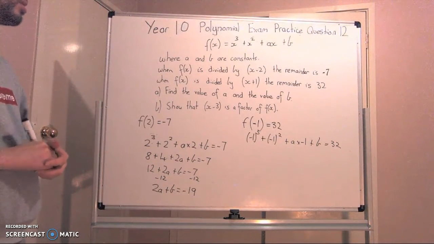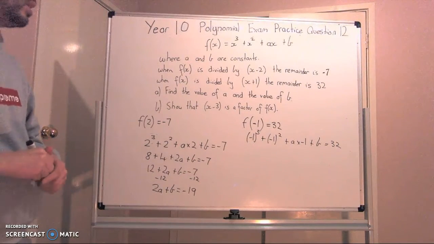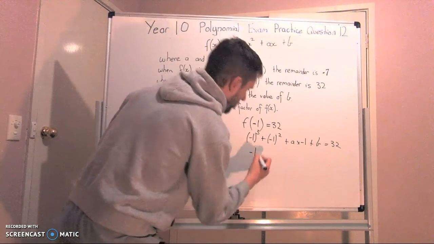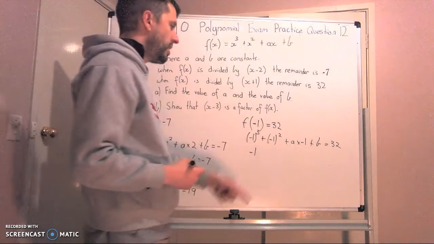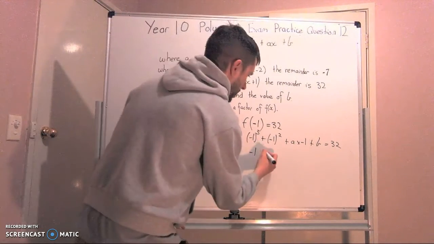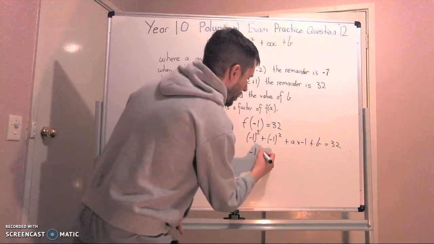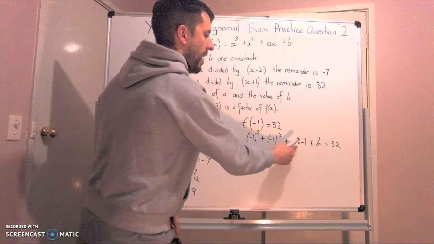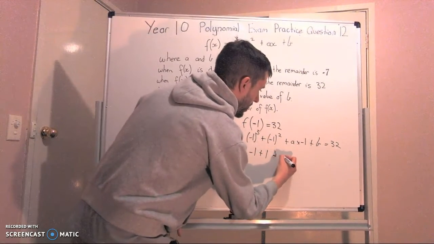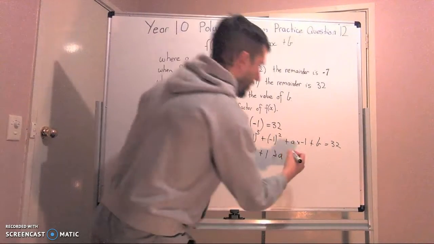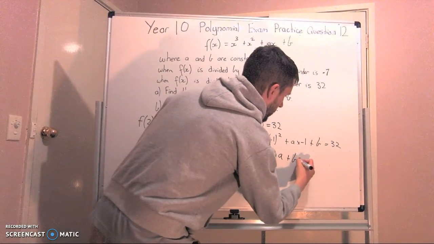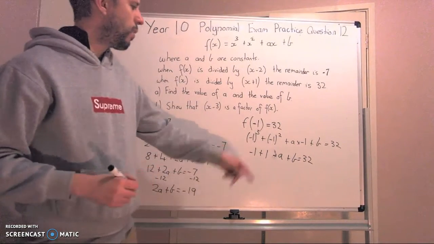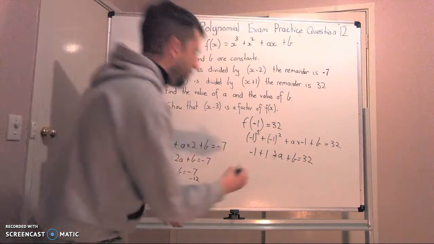The next thing I need to do is simplify that. So negative 1 to the power of 3, well that's just negative 1. Plus negative 1 squared, negative and negative is a positive, so that's just plus 1. Plus a times negative 1, well that's just negative a. Plus b is equal to 32. Well, that negative 1 plus 1 cancels out.